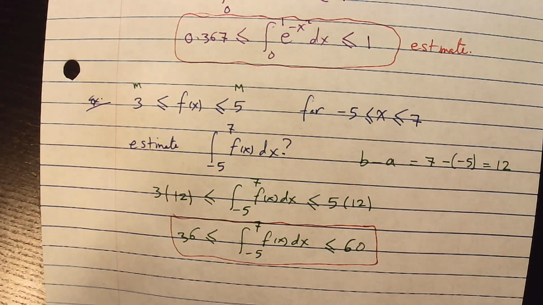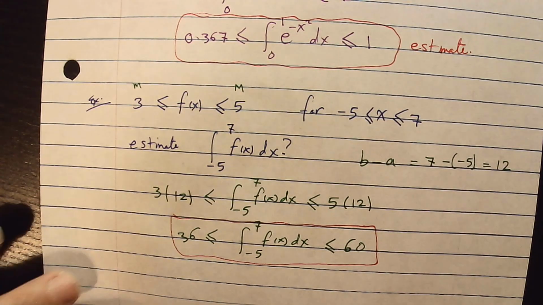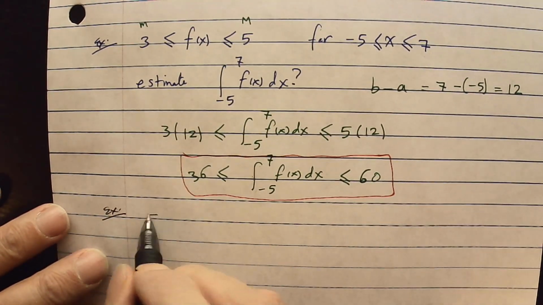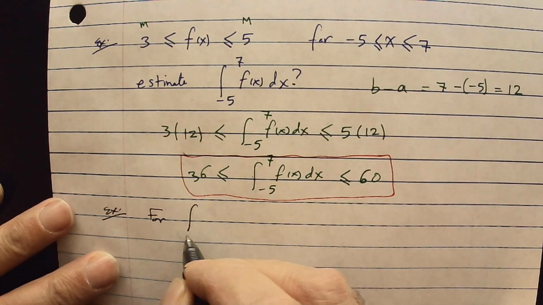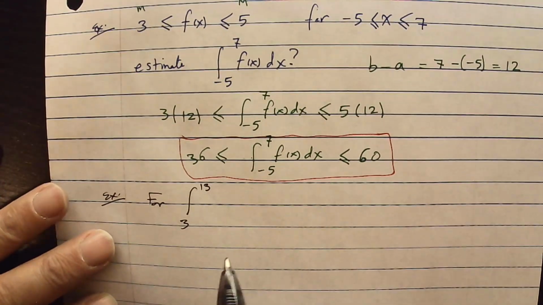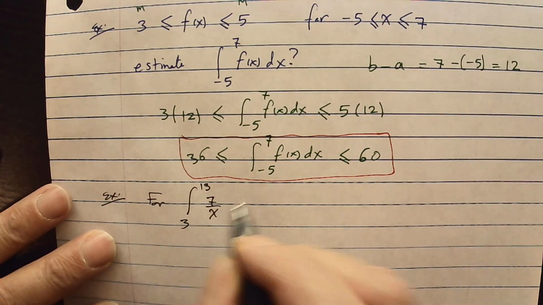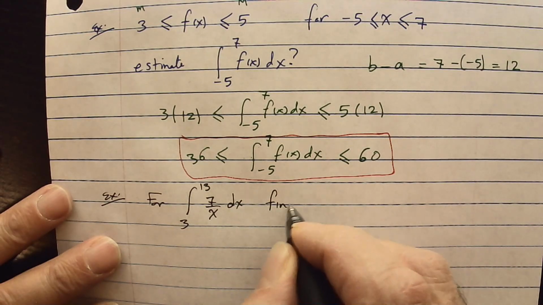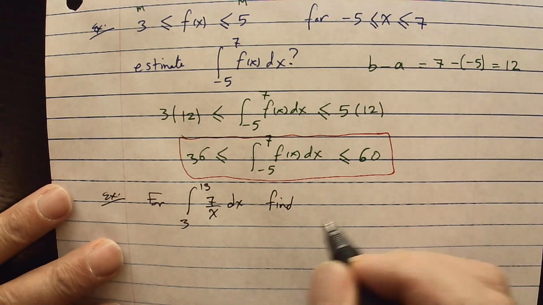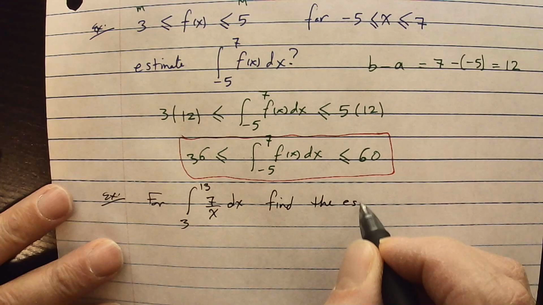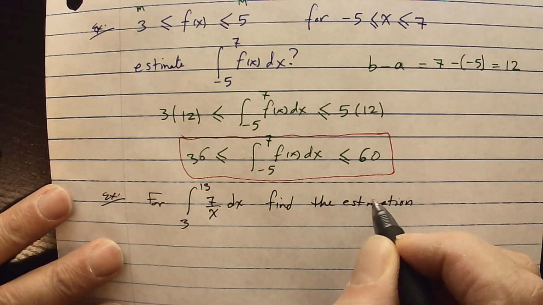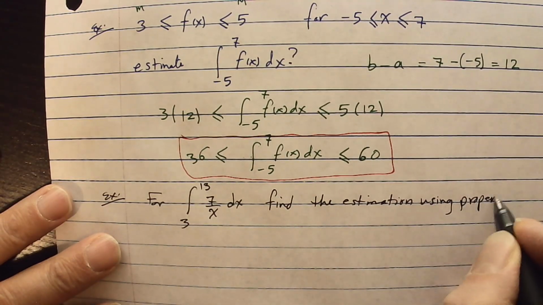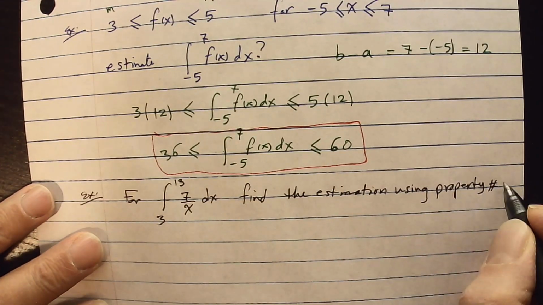Next example, for the integral from 3 to 13 of 7 divided by x dx, find the estimation using property number 7.